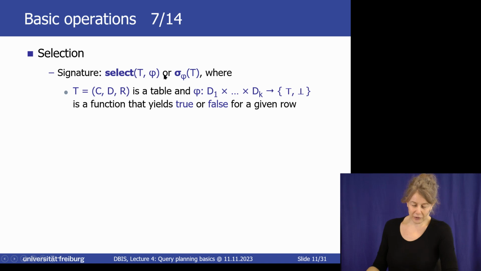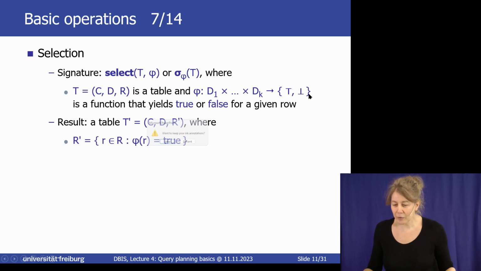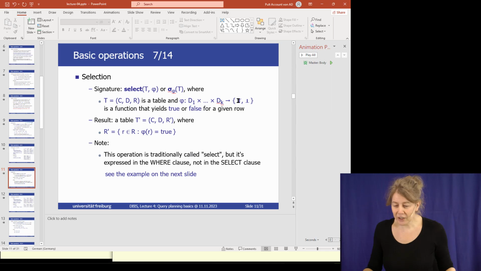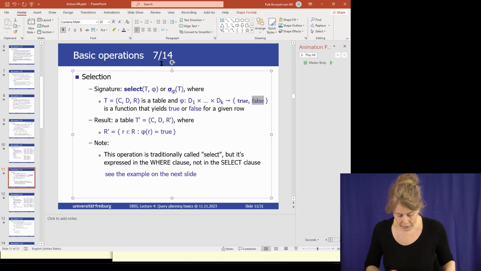So select is also simple. You have a table, and now you have a predicate that you can evaluate on each row. This here I changed to true and false. I wrote this in funny symbols before, but it was very confusing because the classical true looks like a T. So that's why I changed this, let me just make it true and false here.